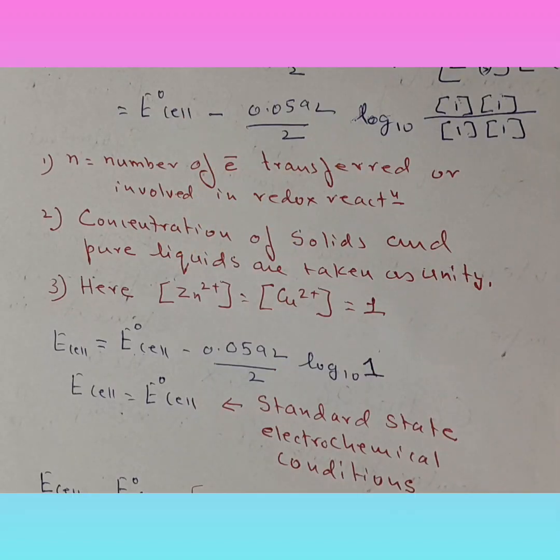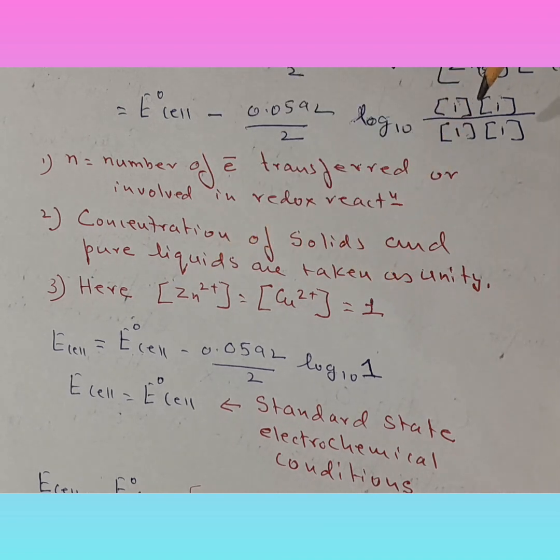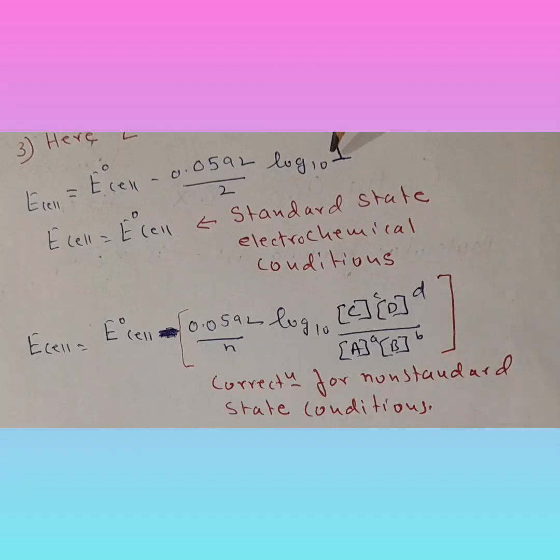Now what happened to zinc ion and copper ion? Since each had concentration 1, zinc got value 1 and copper got value 1. So ultimately it comes to 1.